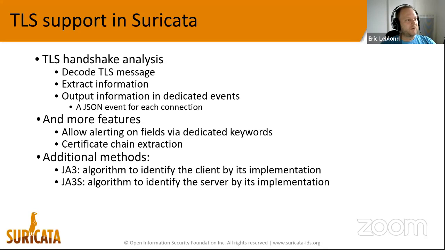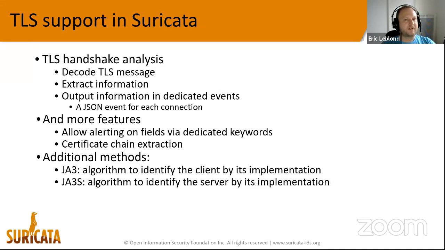And we can use this feature extraction to alert on this. So you can make a match on this TLS field to be able to detect some bad behavior or some bad certificate or some unwanted certificate authority, for example.